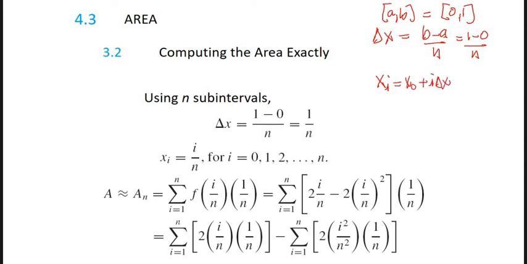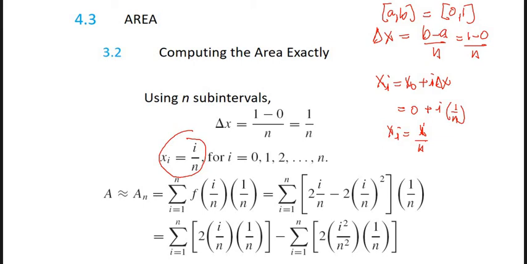X naught, I said a moment ago, is equal to a, which in this case is going to be 0, plus i times delta x, and we already called delta x 1 over n. So xi is equal to i over n, because i times 1 is i, divided by n. That's why they have this equation here, for all i that goes from 0 to n.